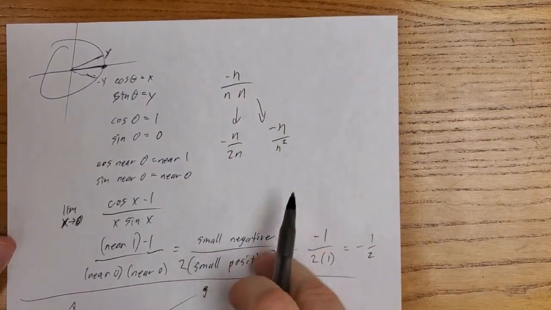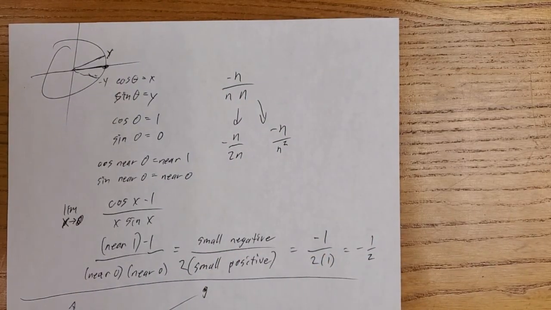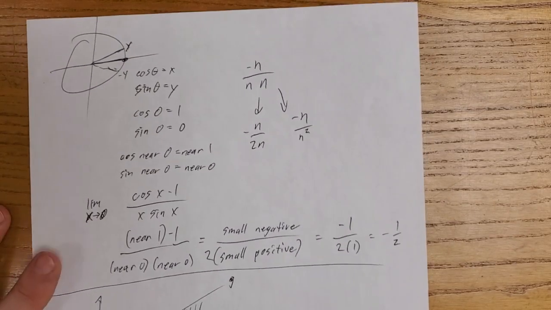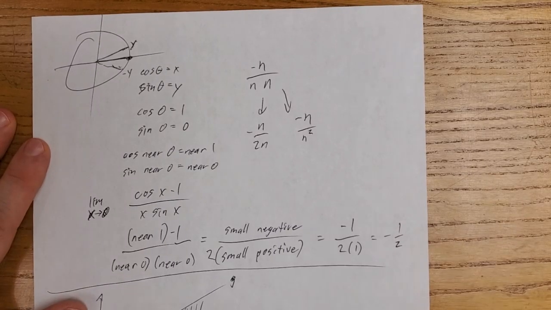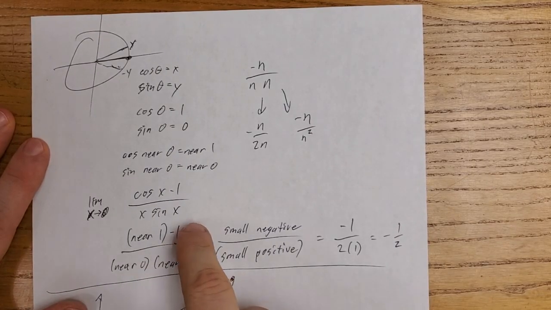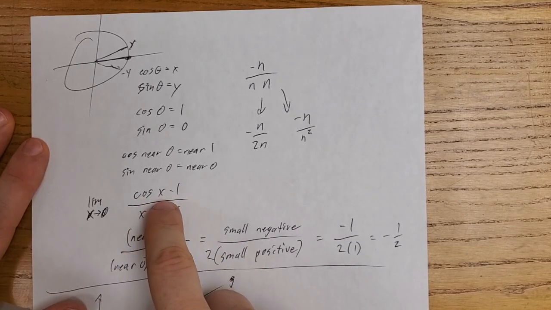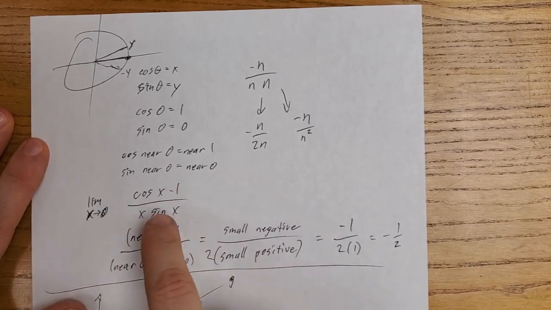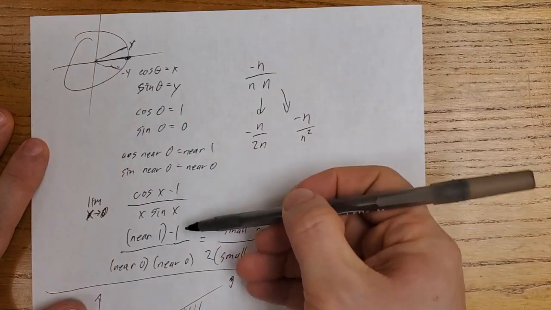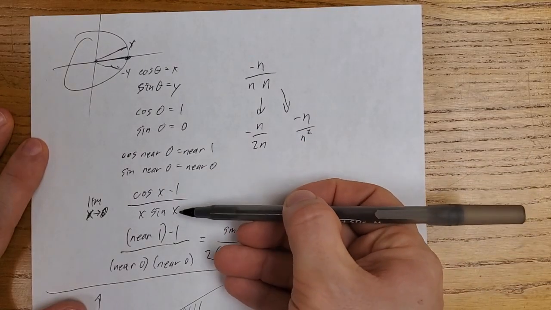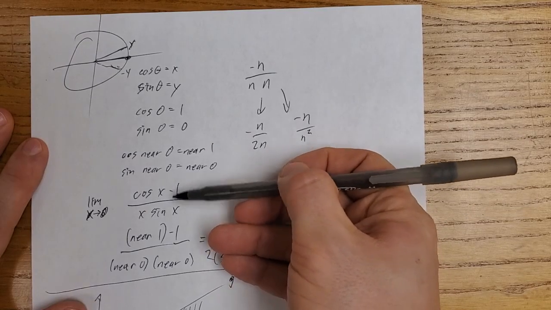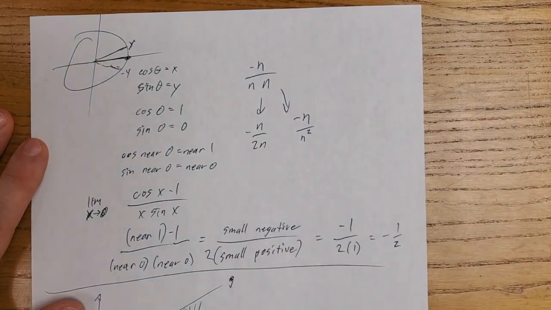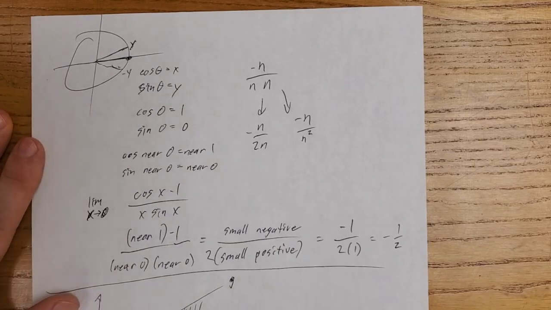So what is really the justification for what I did? There really isn't one. The truth of the matter is, if you have a calculator and graph this, or actually punch in some test values, some small values for x, you will find that they're both small numbers, but the denominator is twice as big as the numerator, so it does end up being negative 1/2, as we said.